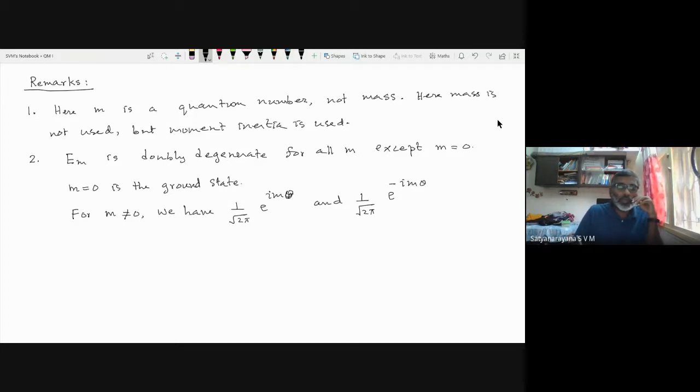We have these two functions that are eigenfunctions of the Hamiltonian with the same eigenvalue.